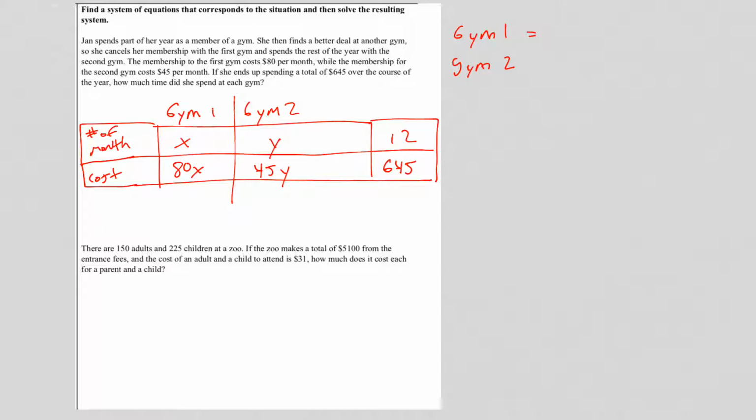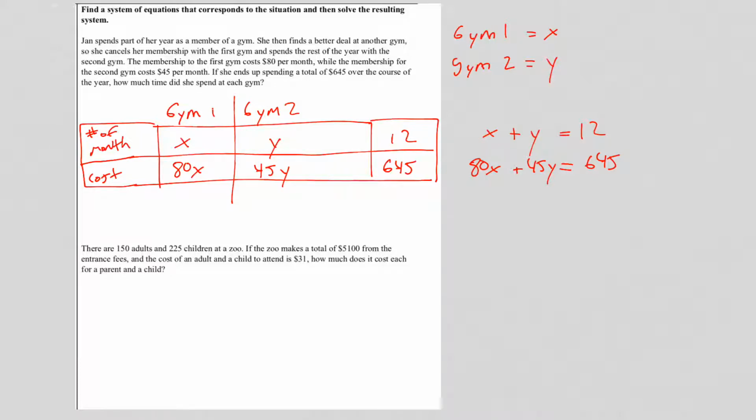So, two equations, basically x plus y equals 12, and 80x plus 45y equals 645. And up here I just have Gym 1 is x, Gym 2 is y. And this represents the number of months.